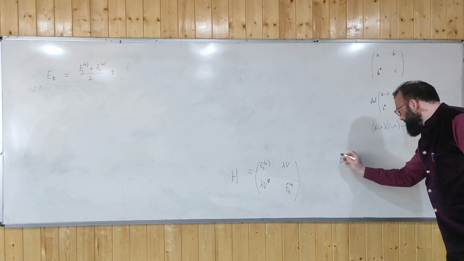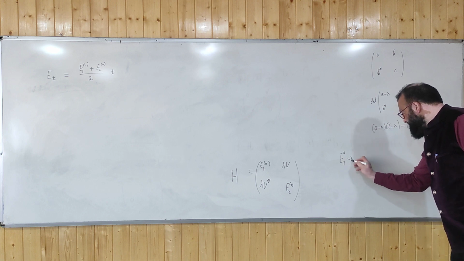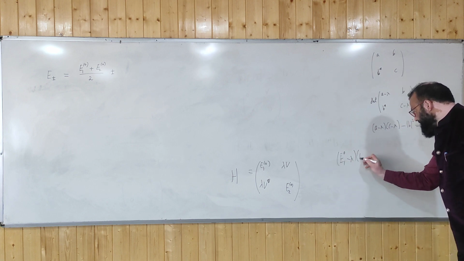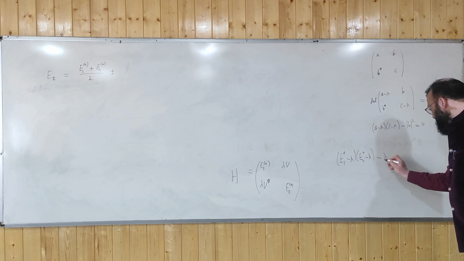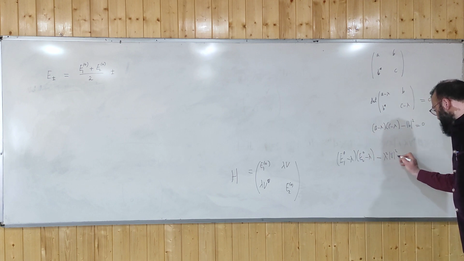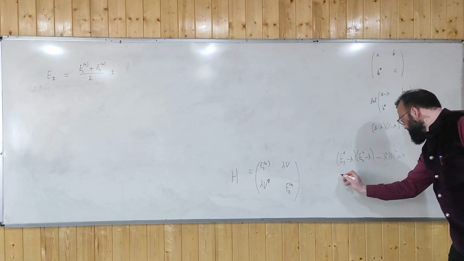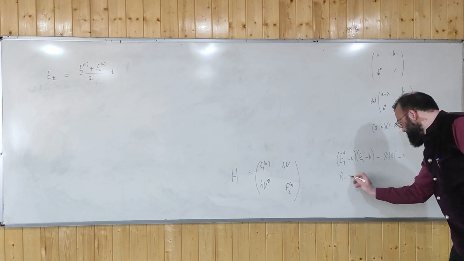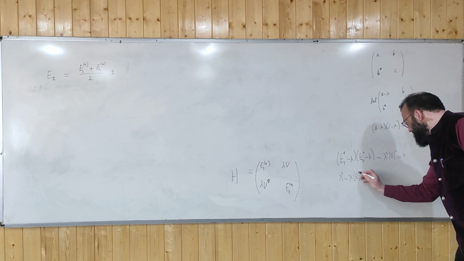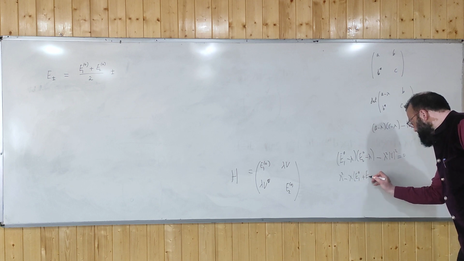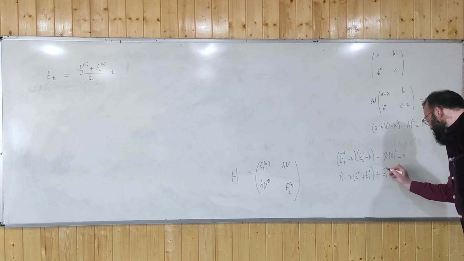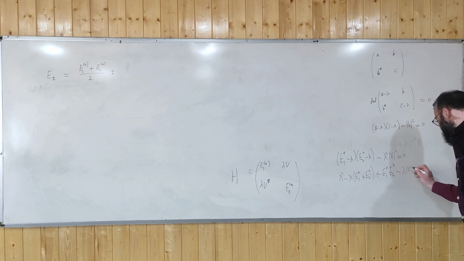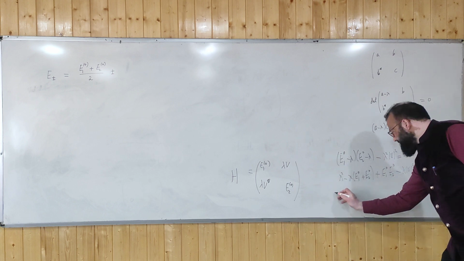It will be E1 0 minus lambda times E2 0 minus lambda, minus lambda squared mod V squared, equal to 0. So you have lambda squared, and this is your characteristic equation: minus lambda times E1 0 plus E2 0, plus E1 0 E2 0 minus lambda mod of V squared, equal to 0.